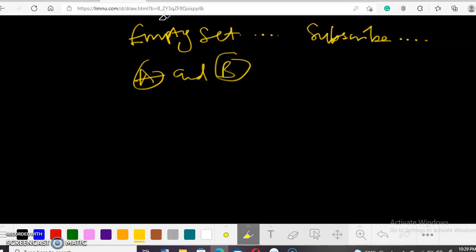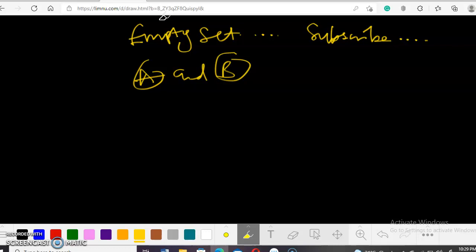So if A is the empty set, then A has no element. And so all of the elements, there are none, belong to B, no matter what set B we are dealing with. And that is why we say that the empty set is a subset of every set.